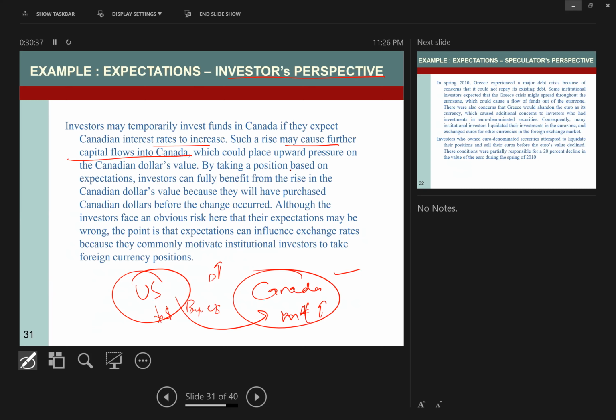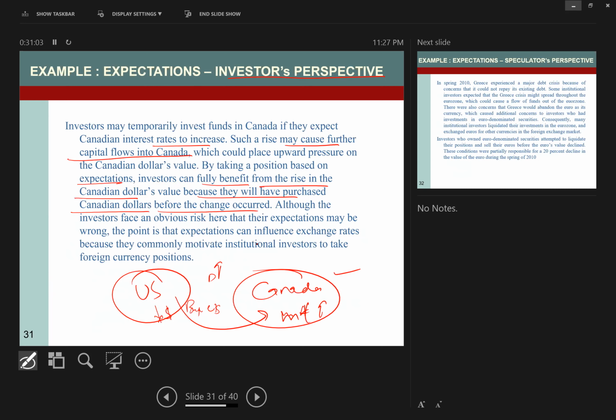So by taking position based on expectations, investors can benefit from rise in Canadian dollar because they will have purchased Canadian dollar before the change occurred. So what happened? How can you capitalize on this opportunity? So you expect that future rates going to rise. So you invest right now, so that exchange rate right now is lower.